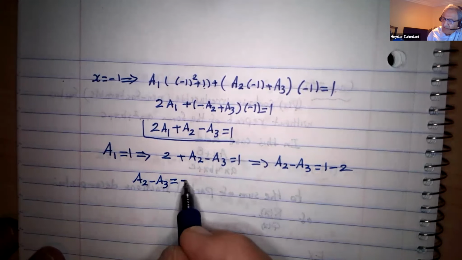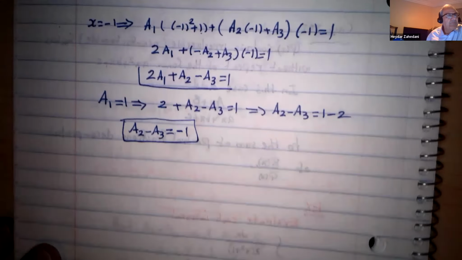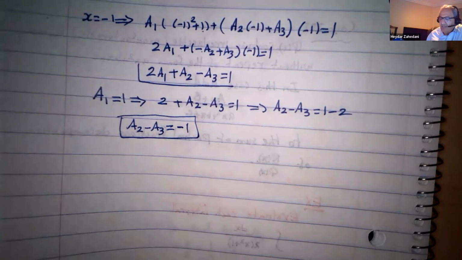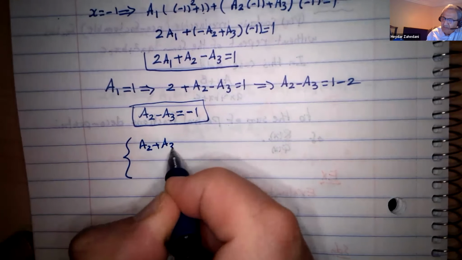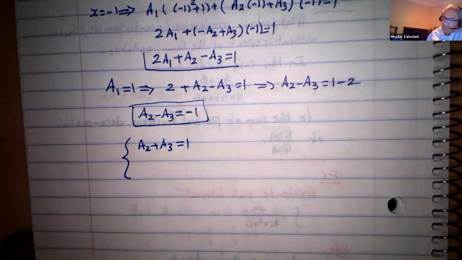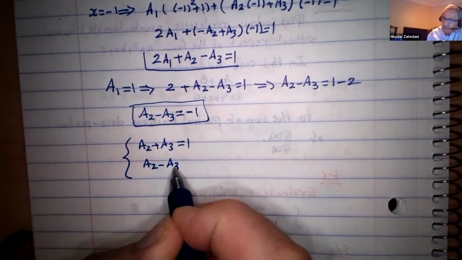Would be negative 1. Remember that's A2 minus A3, and you have the A2 plus A3 here. So you put them together. So you have A2 plus A3 is equal to -1, and A2 minus A3 is equal to -1.